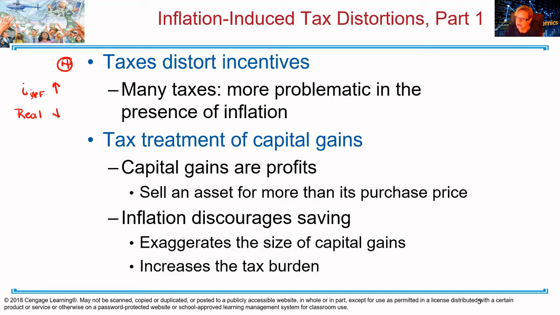So that's difficult. And again, sometimes people will think that because it's a 30% gain in terms of capital gains, they don't really understand that you're paying higher taxes because of inflation. So this inflation tends to discourage savings, okay, and exaggerates the size of capital gains tax.